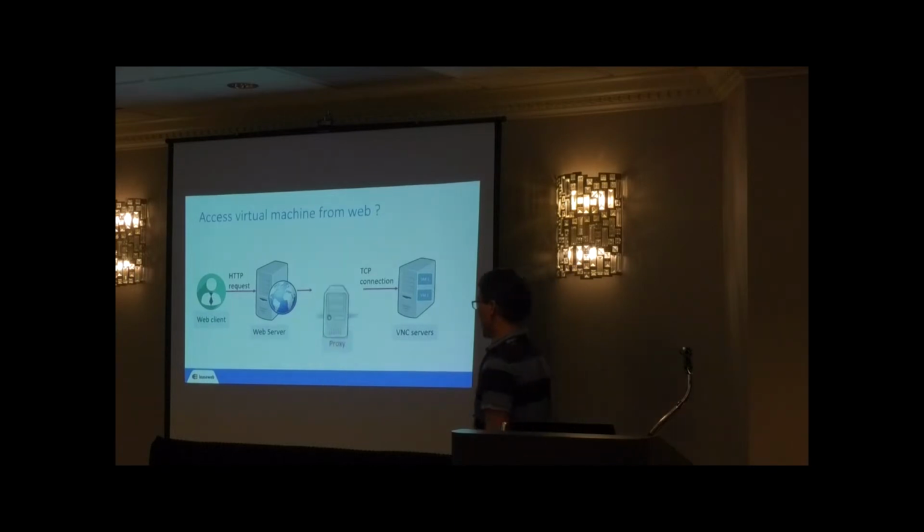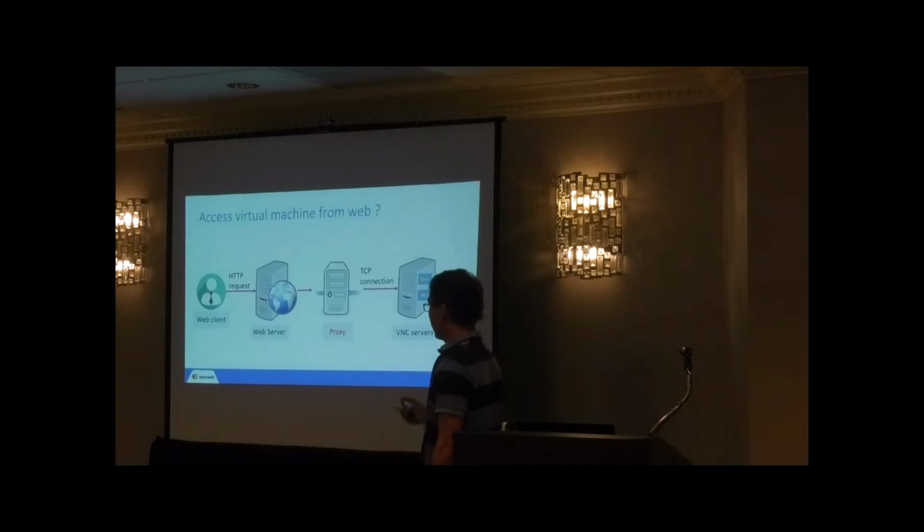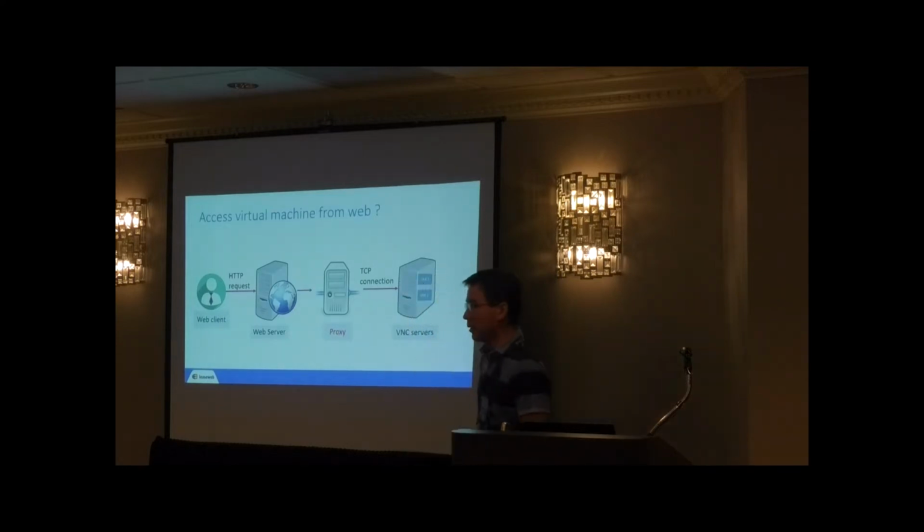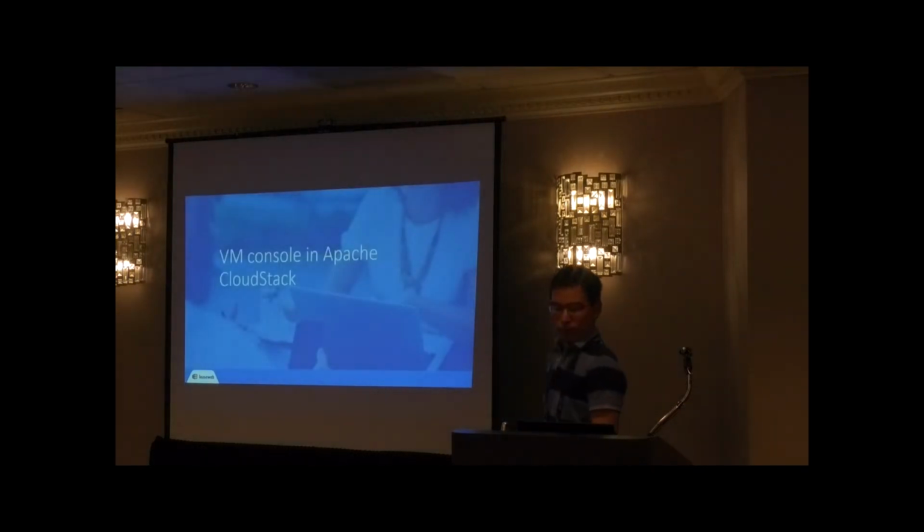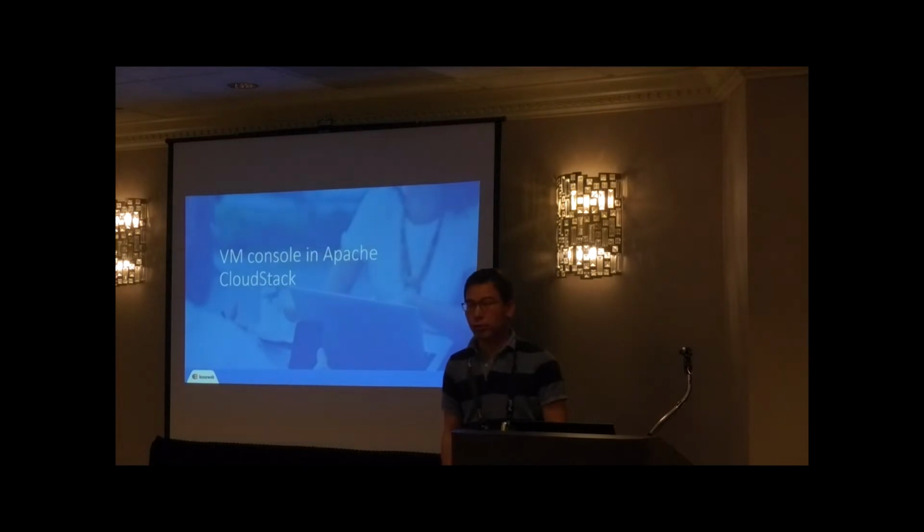So we need a proxy which can act as the bridge of the HTTP request and the TCP connection. It also acts as the bridge of the public internet and the private network. So that's the current solution in CloudStack.